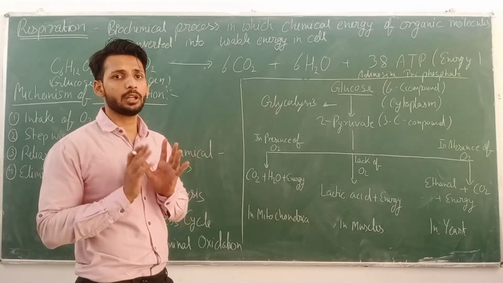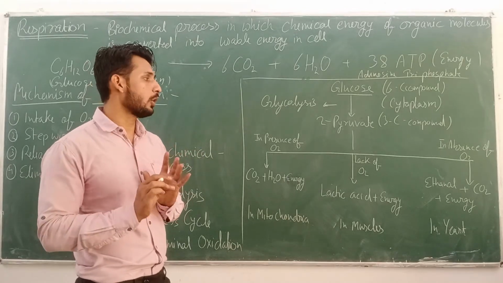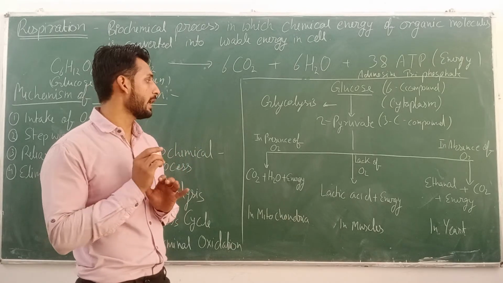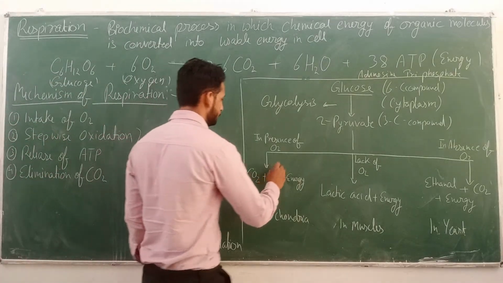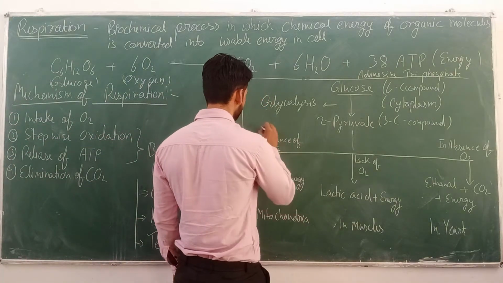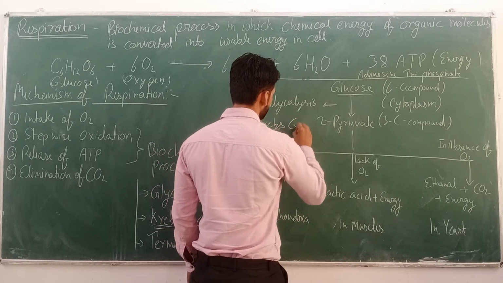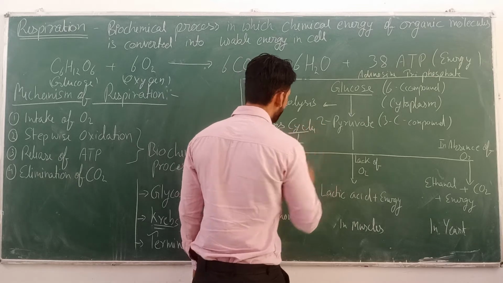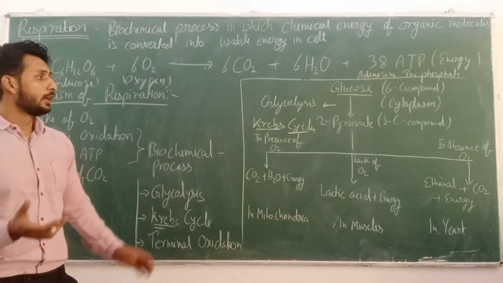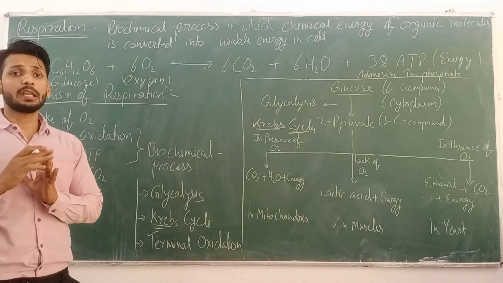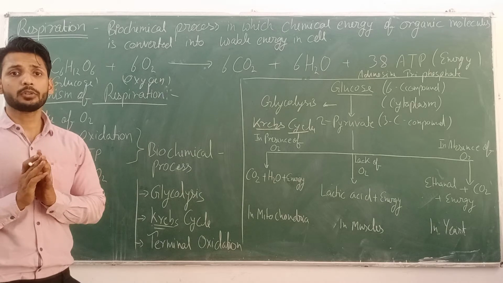The complete oxidation of glucose takes place in the mitochondria, and this process is known as the Krebs cycle. The Krebs cycle is also known as the citric acid cycle.